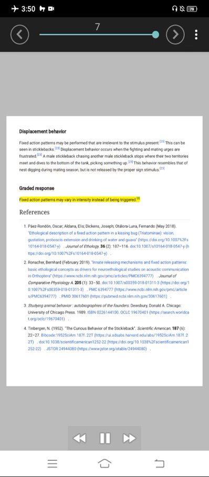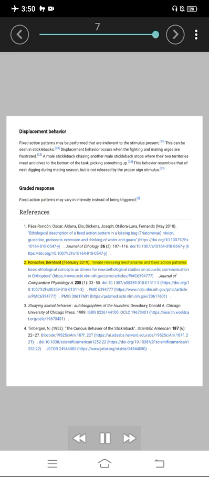8. References. 1. Paez Rondon, Oscar, Aldana, Ellis, Dickens, Joseph, Odalora Luna, Fernando, May 2018. Ethological description of a fixed action pattern in a kissing bug, Triatomine, vision, gestation, proboscis extension and drinking of water and guava, 1016401805447Y. Journal of Ethology, 36 107-116. doi, 10.1007 per second 1016401805447YH. 2.